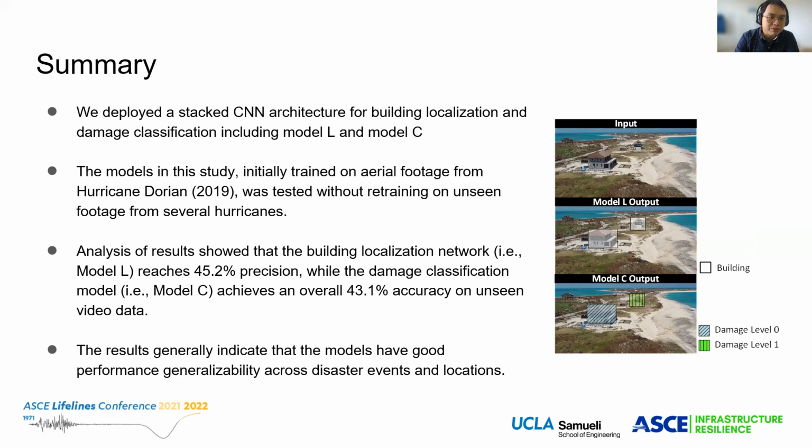Analysis of the results showed that the building localization neural network, Model L, reaches 45.2 precision, while the damage classification model, Model C, achieved an overall 43.1 accuracy on scene video. The result generally indicates that the models have good generalizability across disaster events and locations.